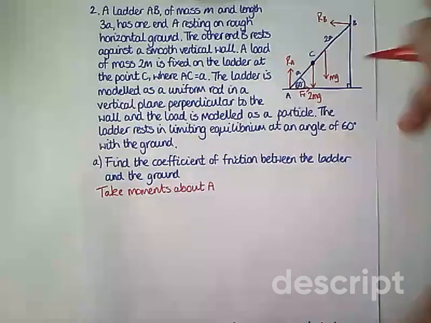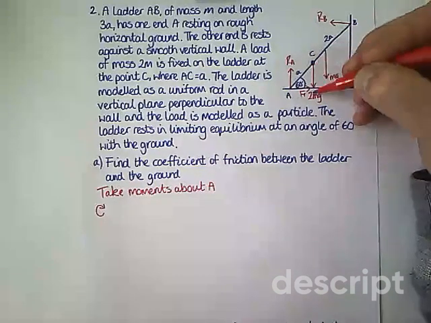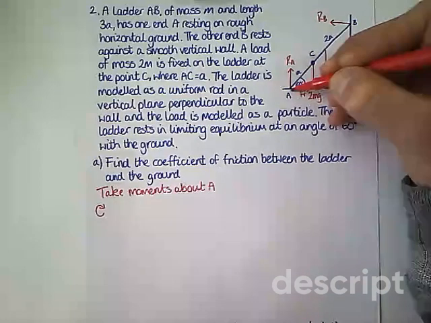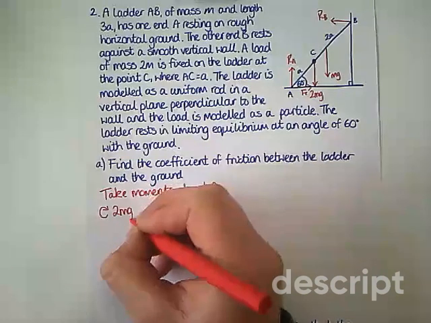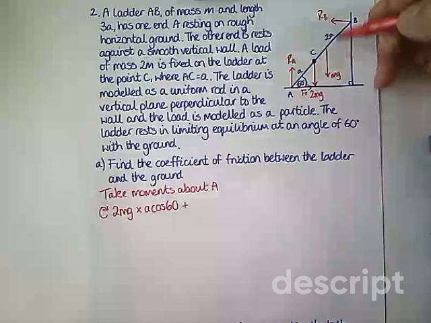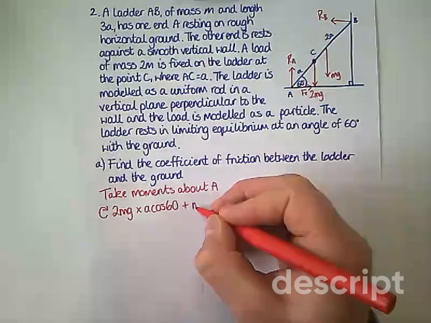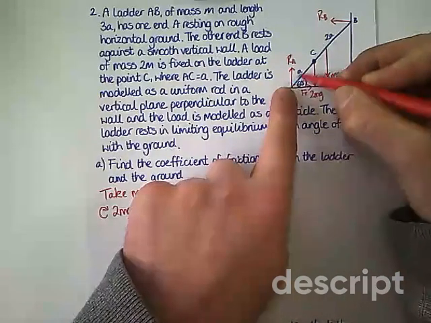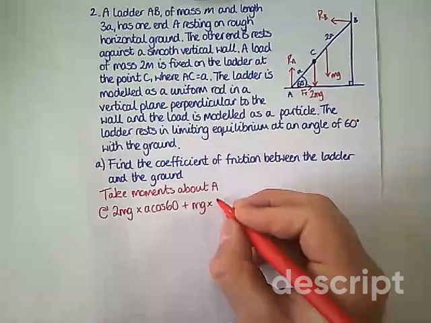So my clockwise moments are going to be from the mass that's at C, so 2mg times this distance, which is a cos 60, plus the weight of the ladder, mg, times this distance, which is 3/2 a cos 60, because it's half of the whole ladder.